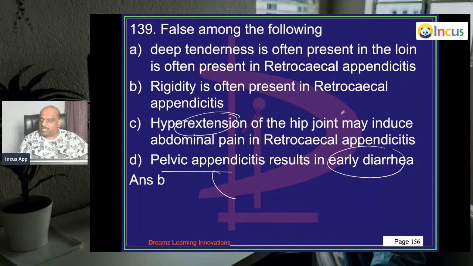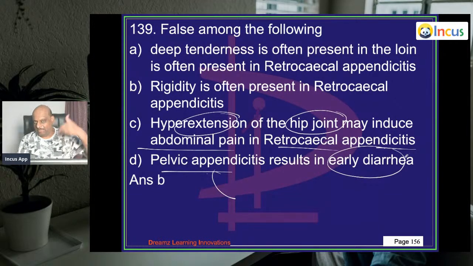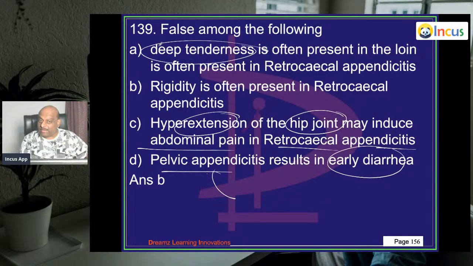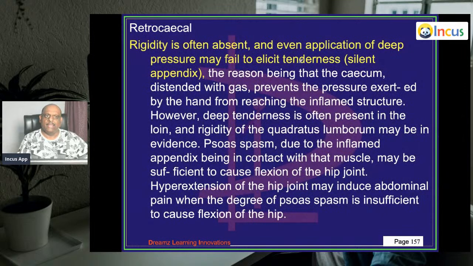Any hyperextension of the hip joint will cause abdominal pain if it is retrocecal appendicitis. And a deep tenderness is often present in the loin in case of retrocecal appendicitis. In retrocecal appendicitis, even if you apply deep pressure, rigidity may be absent.